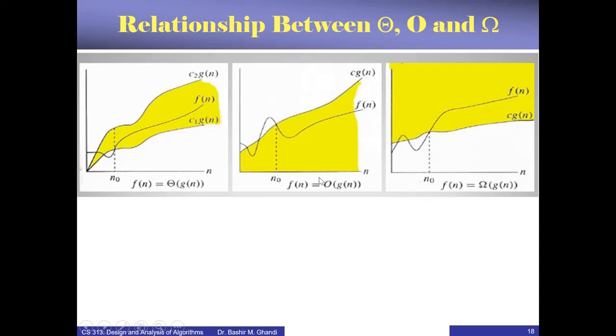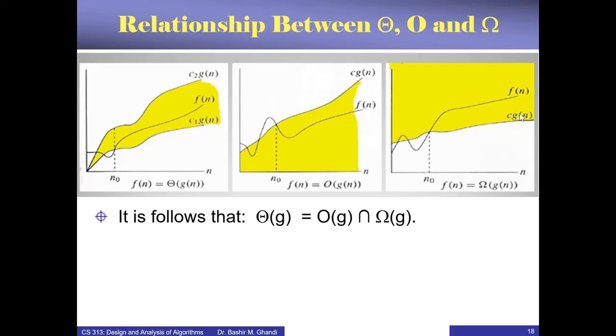In the case of big O, f(n) is always less than or equal to c g(n), whereas in big omega, f(n) is always greater than or equal to c g(n). Okay, so this is the first point to note.